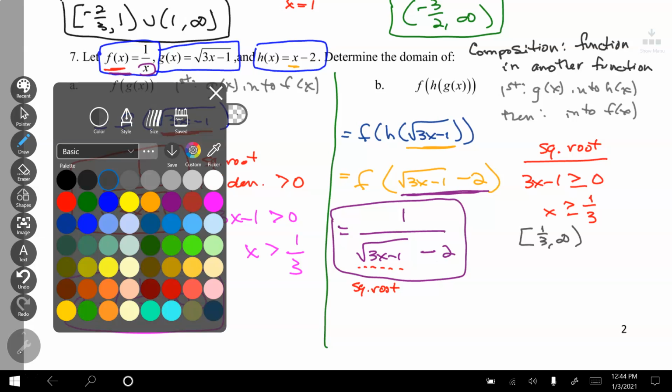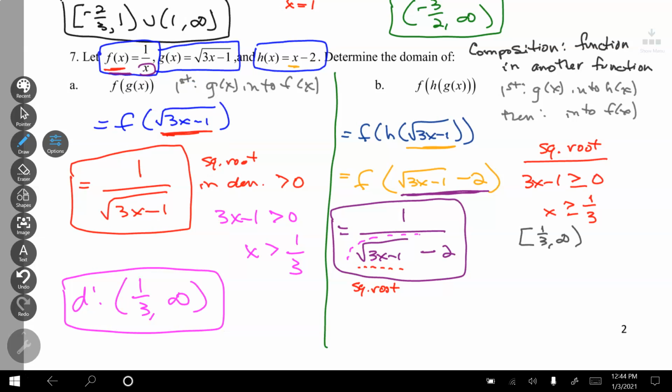But then, and this is the tricky part, I have this whole thing as a denominator. And my rule for denominators is that whole denominator, which is the square root of 3x minus 1, then minus 2, cannot equal 0. So I take that whole denominator, I'm going to add 2 to both sides, so it can't equal 2.